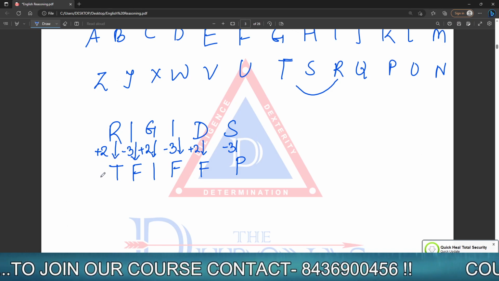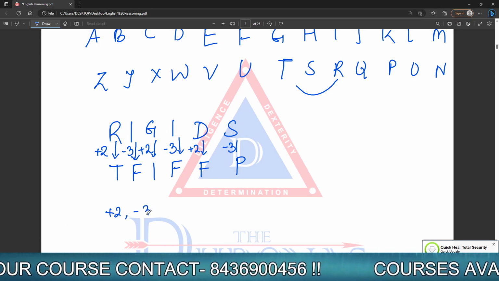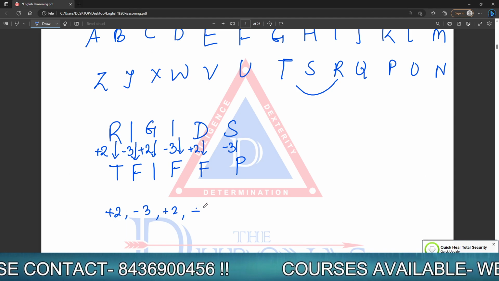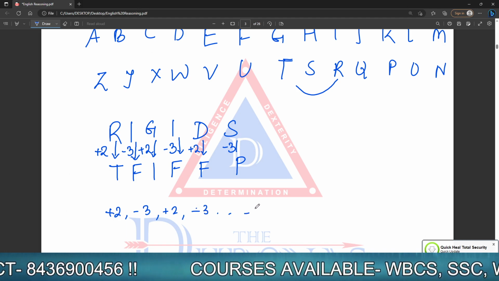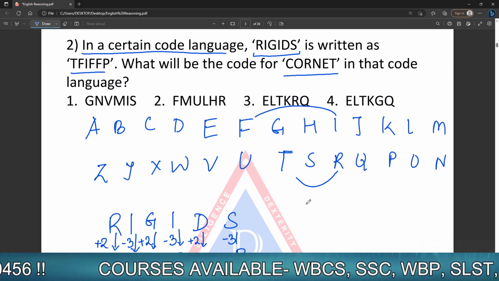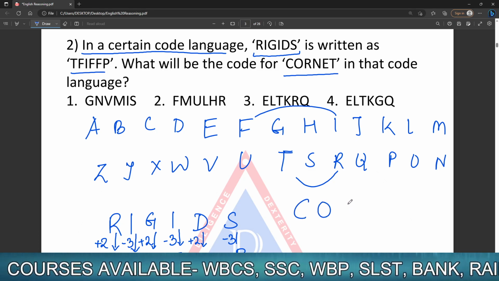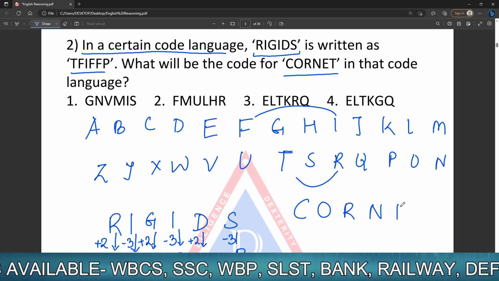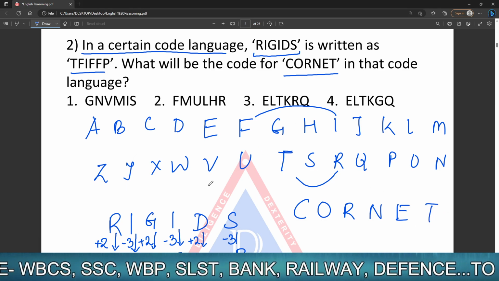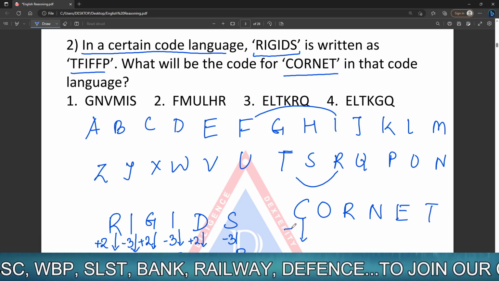So what is the combination? It will be +2, -3, +2, -3, and so on. So what is the question? The question given here is C, O, R, N, E and T. So we'll go with +2 first.